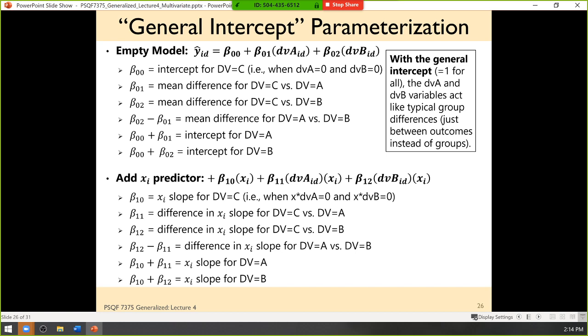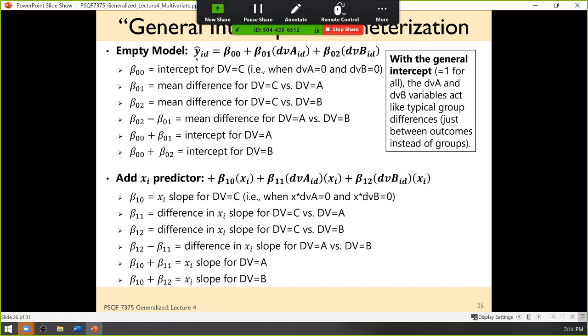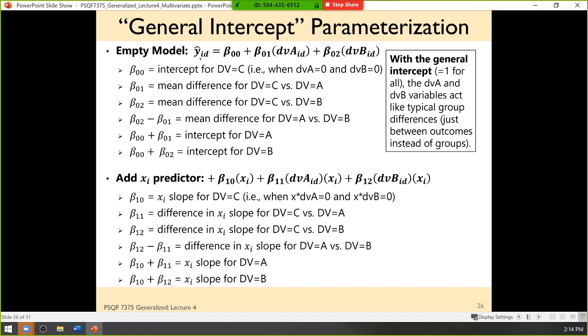When you leave in the general intercept, this is what we did in example 4a. So the notation here is y hat for an individual and then d for which DV it is. Y hat means the predicted outcome. So I have beta 0, I have beta 1 times the dummy code for DVA, and beta 2 times the dummy code for DVB.